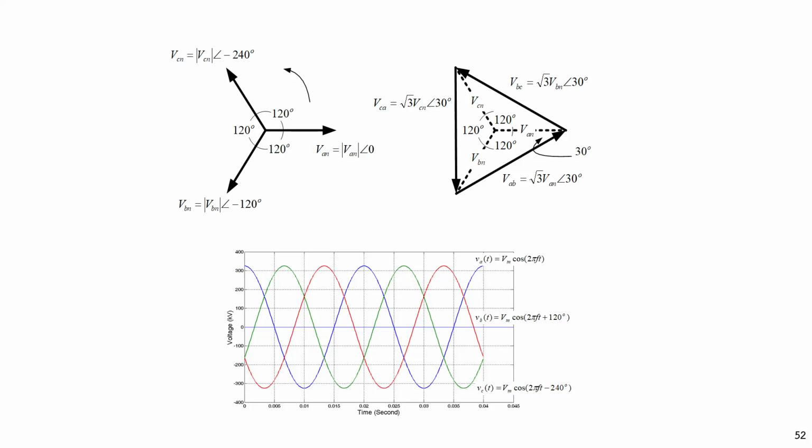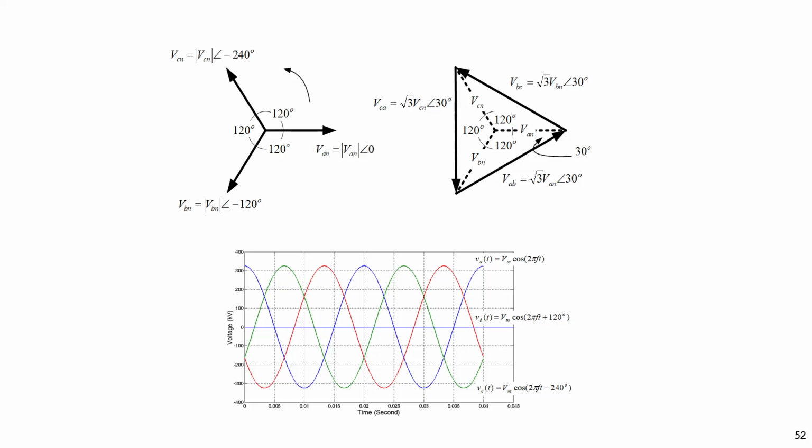VA is the blue line, VB is shifted 120 degrees, and VC is another 120 degrees. This is the signal, but we represent it in phasor form: VAN, VBN, VCN, and then we can calculate VAB, VBC, VCA as well.